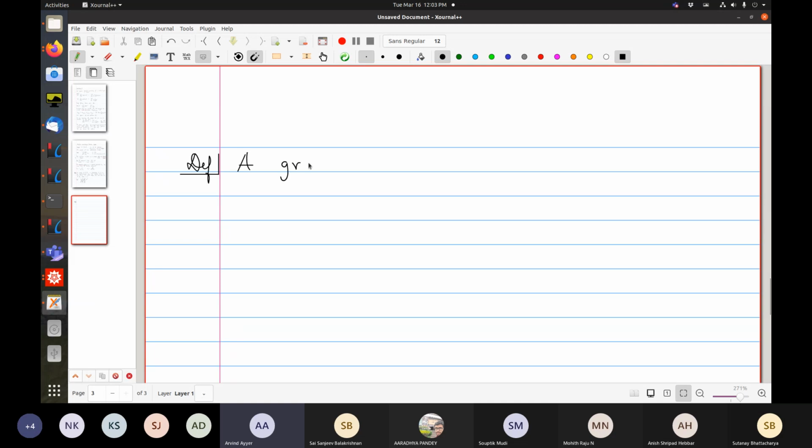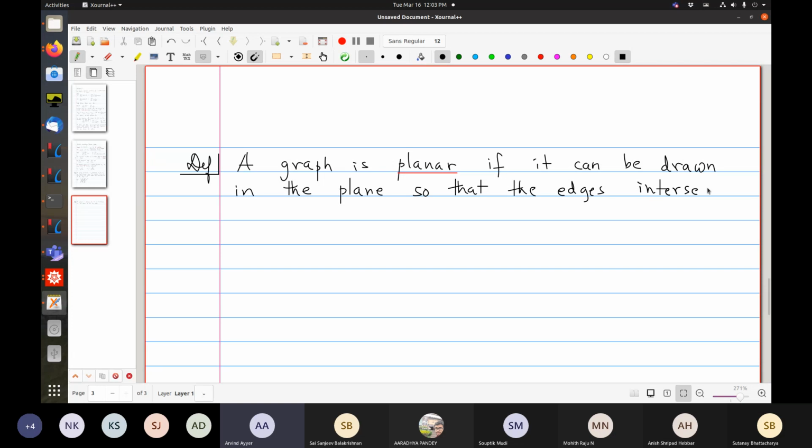So the graph is planar if it can be drawn in the plane, that is R2, or if you want on the blackboard or on a piece of paper, or on the tablet, so that the edges intersect only at the ends.